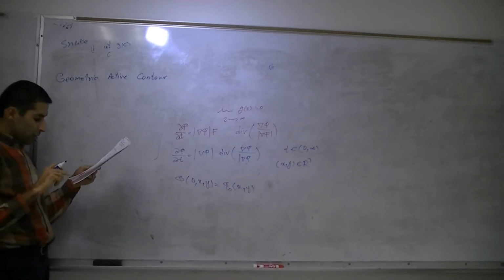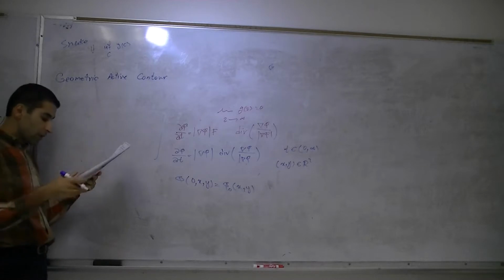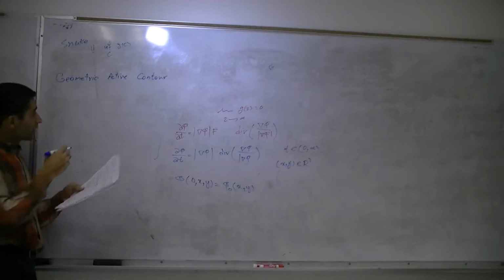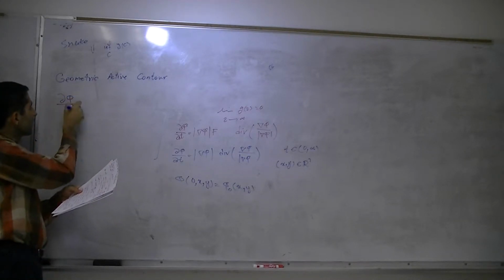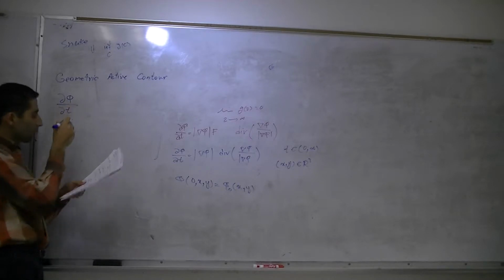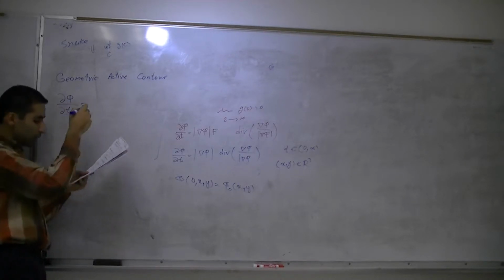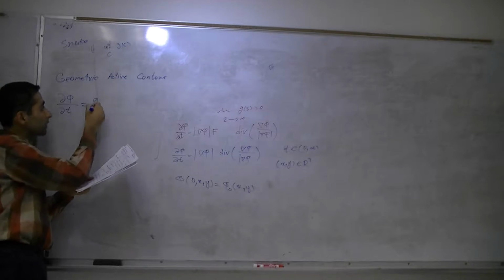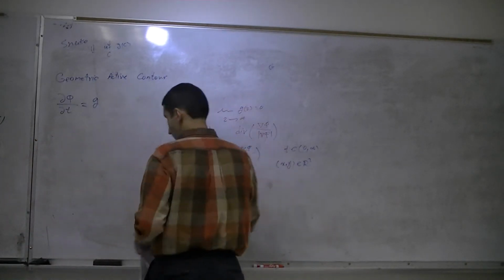Here the changing is based on the mean curvature. The changing of the curve over time is dependent on the g function that we introduced before, and we had the example of that.